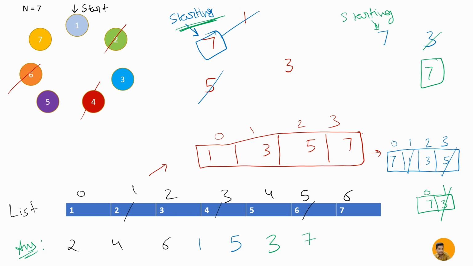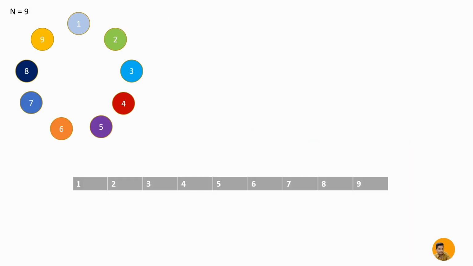Also, we need to figure out when we are pasting this last child at first, because somewhere we are pasting and somewhere we are not. Okay, let's take another example, and this example would surely help us figure this out.